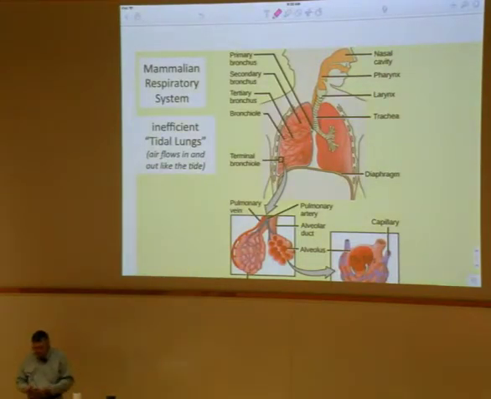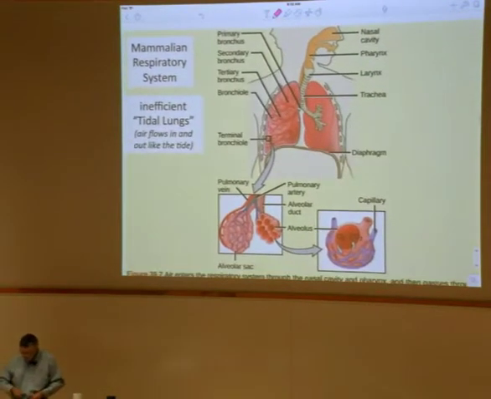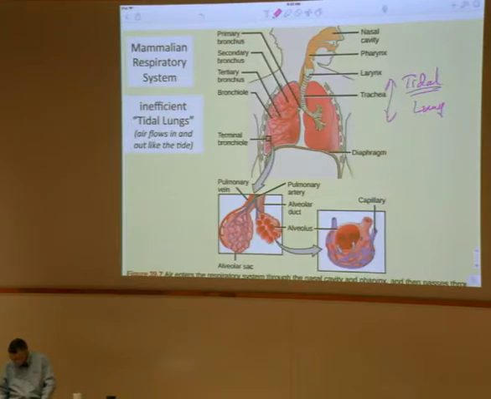Okay, so that's gills. We talked a bit about mammalian lungs, so I wanted to familiarize you with a bit of this. Most of you, in fact, you all should have seen this in a high school class. But you've got an area where air is coming in, and we have what is called a tidal lung. So air comes in and out like the tides.